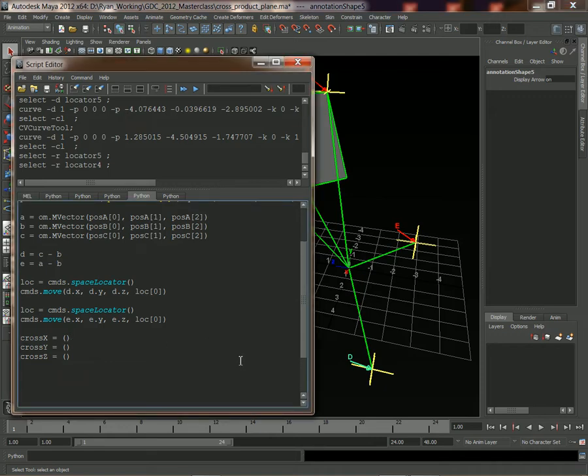So if we were to take d.y times e.z minus d.z times e.y. So you take the first vector's y, multiply it times the second vector's z, and then minus the first vector's z times the second vector's y.